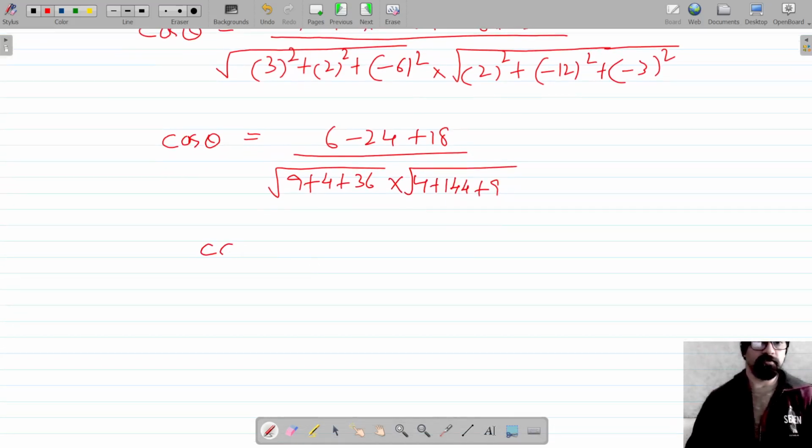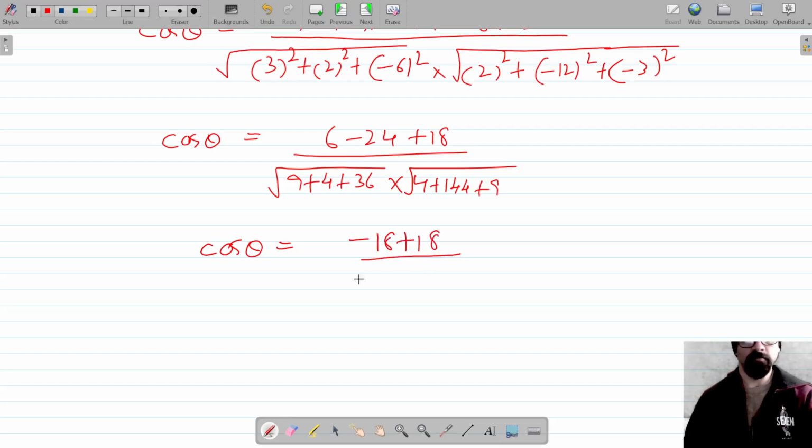Okay, this cos theta is now equal to 6 minus 24 is negative 18, plus 18, so the numerator is 0. So we don't have to calculate the denominator, because this is going to be 0.